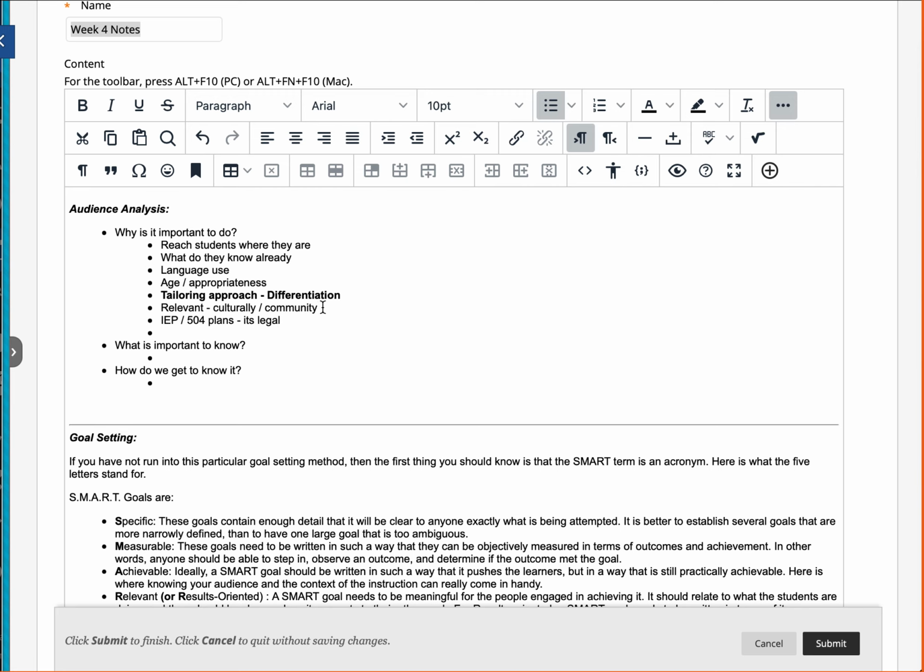I would say it's useful as much as you can to try to reach every student, even if there are small groups, because oftentimes it's those groups that feel the least accommodated.